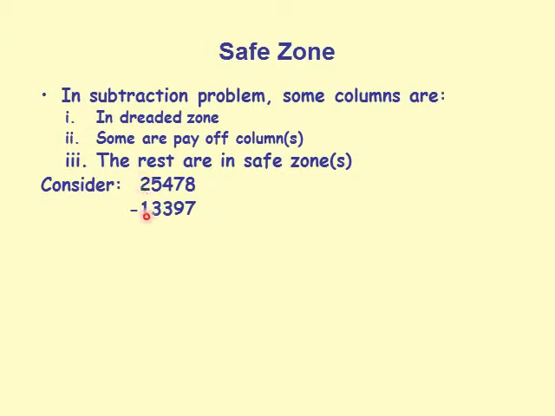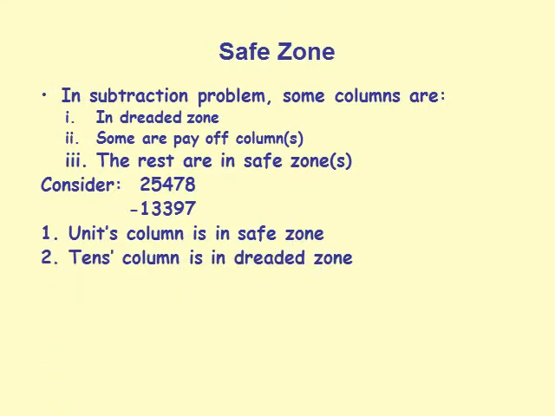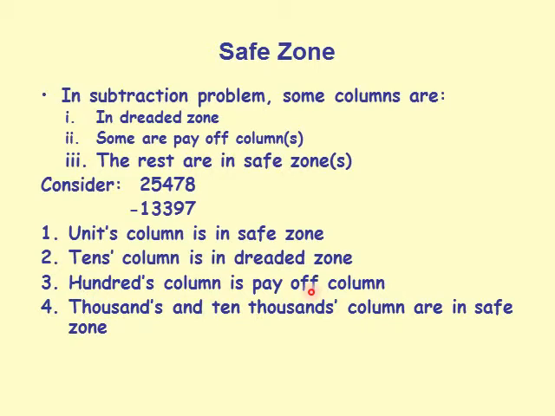The 10,000 column, 2 minus 1, is a surplus column with no obligation to the right, so it's also safe. The units column is in the safe zone, the tens column is in the dreaded zone, the hundreds column is the payoff column, and the thousands and 10,000 columns, 25 minus 13, are in the safe zone.